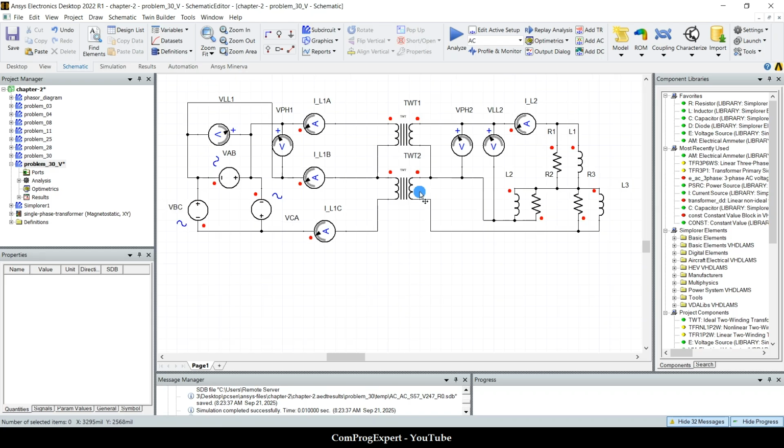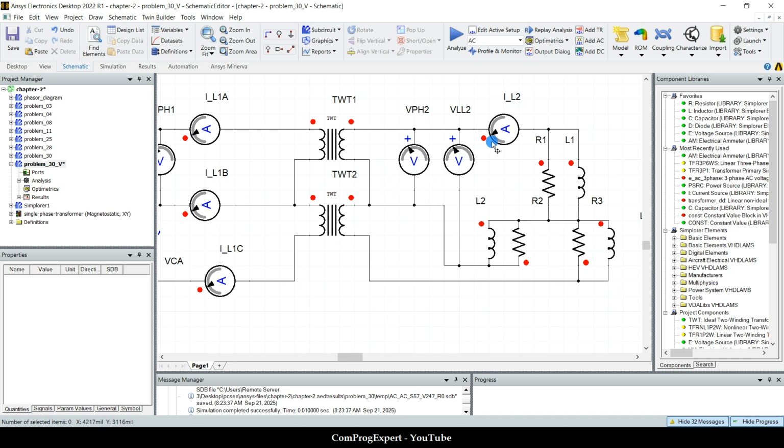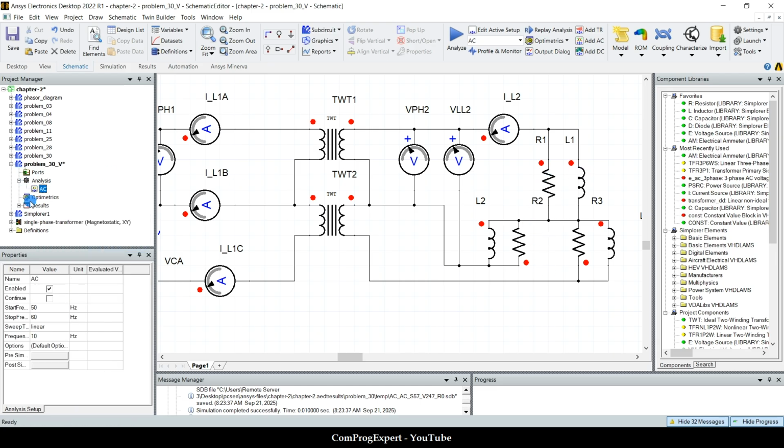In this case, as you can see, the value of the line current for the secondary, this ampere meter, is the value of the phase current, right? So if I run this simulation without adjusting the parameters here, let's check what we will have.